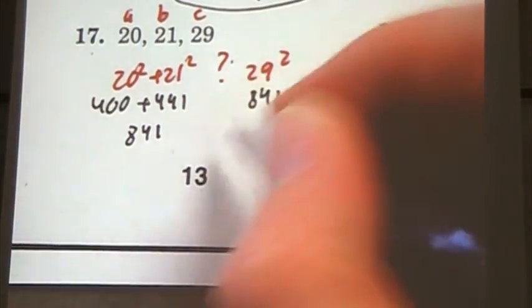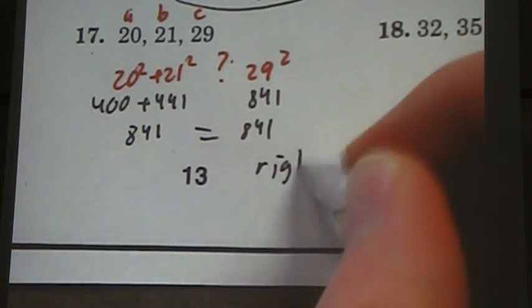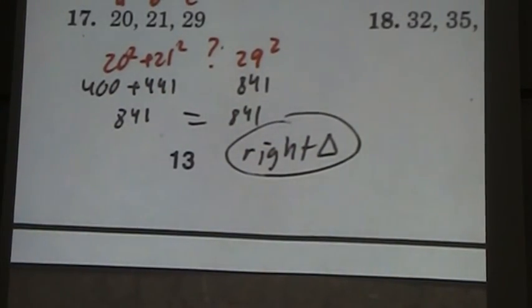Hey, 801, 841. Hey, they're equal. Another right triangle. Boom. That's what you're usually going to have to do.